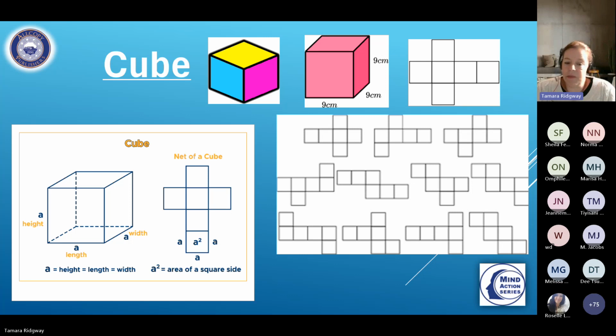When I am exploring this, particularly with my grade 10s, I emphasize the length, width, height, and I make them see that the area of 1 face would be A times A, or L times B, but we try to use the same variable. That way they can see that I've got 6 of them, and so the formula comes about that it is 6a squared, or whatever variable is being used.